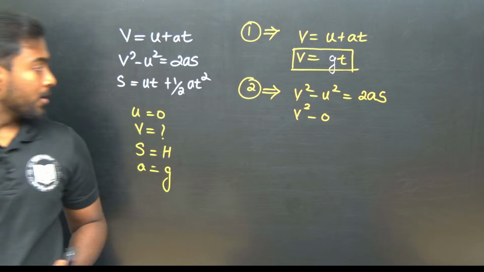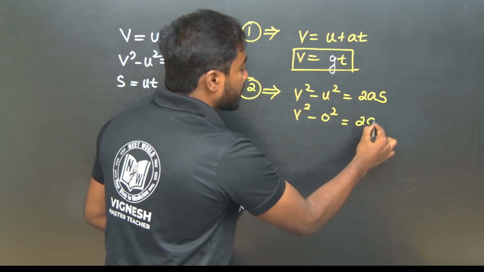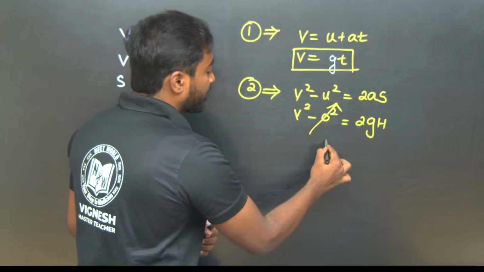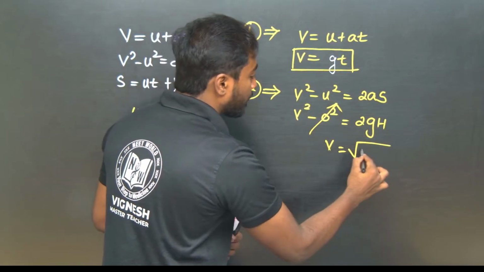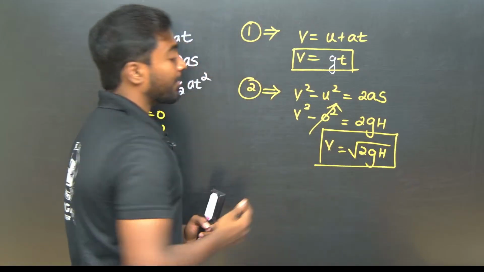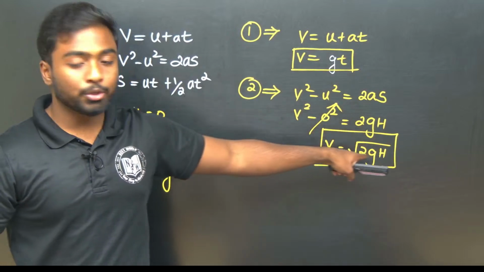Okay, fine. So what is the next thing? It is 0 square is equals to 2gh, no? So I can neglect this, so v will be equals to under root of 2gh. This is the answer I got from the second equation. So what is the velocity in terms of h? v is equals to root over 2gh.